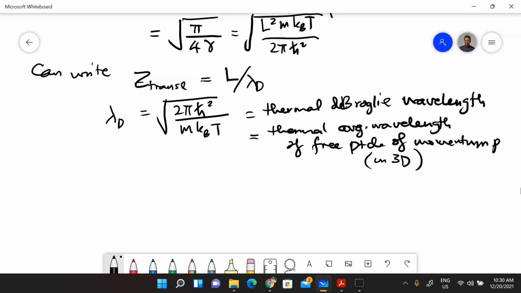So what else after calculating your partition function is you should be able to calculate your free energy. Recall the free energy is minus kBT log Z, in this case log Z translational.